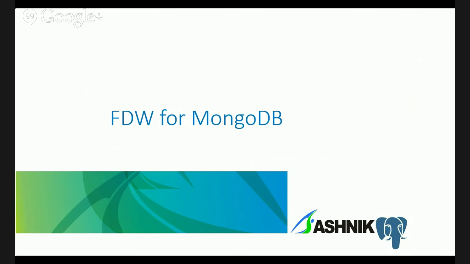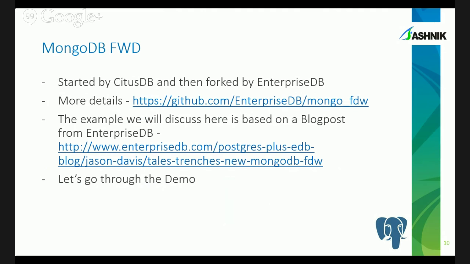Now, let's take a brief look at foreign data wrappers for MongoDB and how you would use them. There are quite a few code bases for foreign data wrappers. One of them is by CitusDB, which was forked by EnterpriseDB later on. If you would like to get more details about this extension, you should go to the GitHub page of EnterpriseDB and explore more.